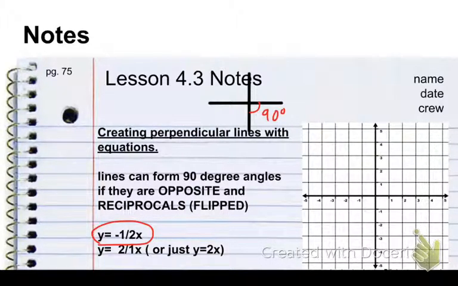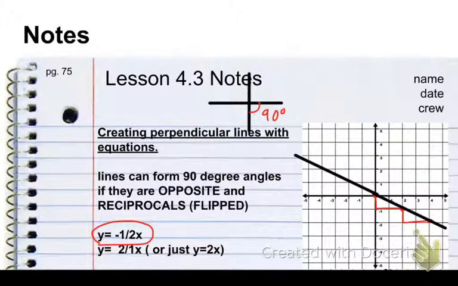I start here, and negative 1/2 means I go down 1, a negative rise, over 2. When I graph that out, I get a line that looks kind of like this, going in both directions.